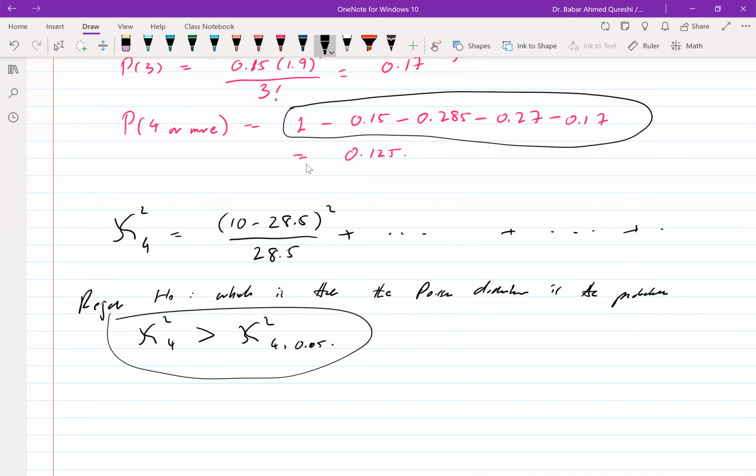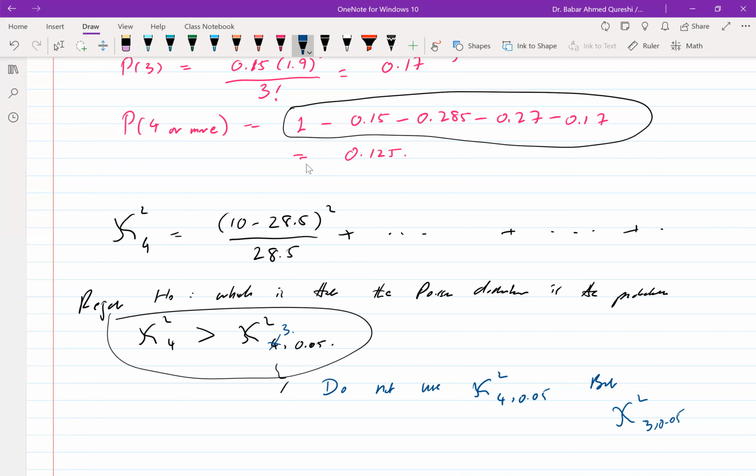And to do that, you will have to compute this. Well, there's a slight technical detail. Do not use chi-square for 4, but chi-square for 3. So this gets replaced with a 3.